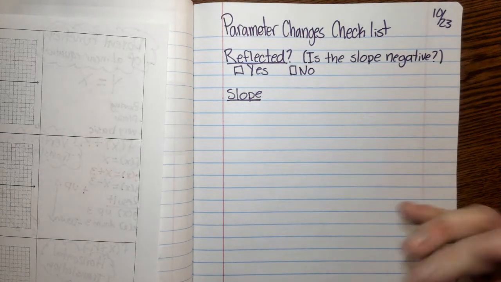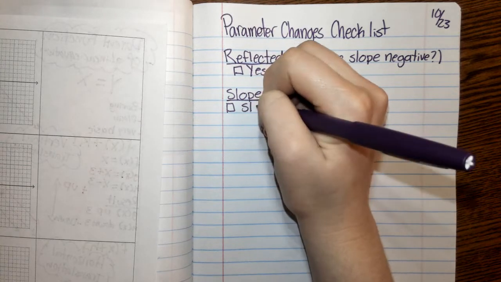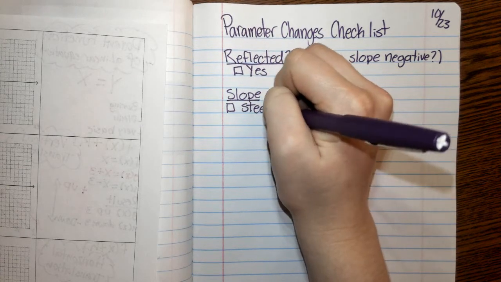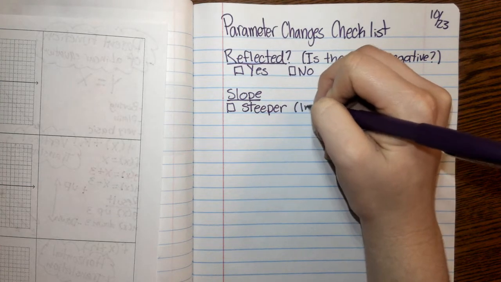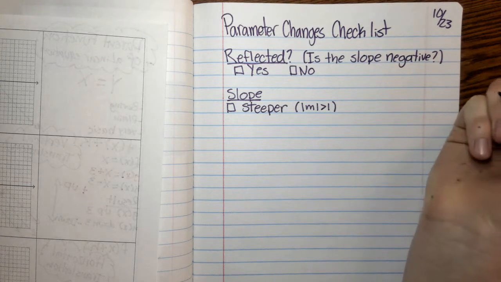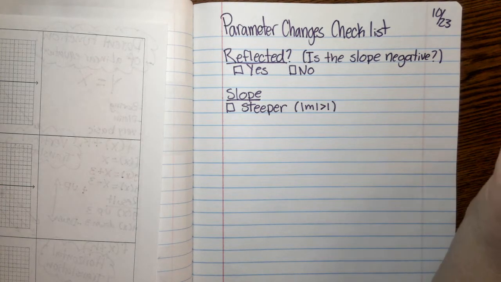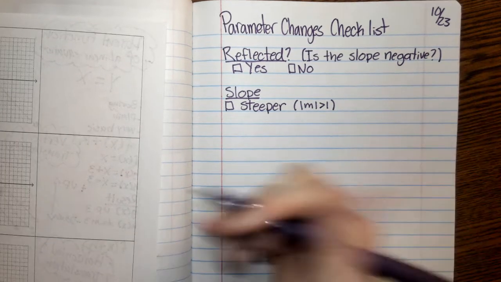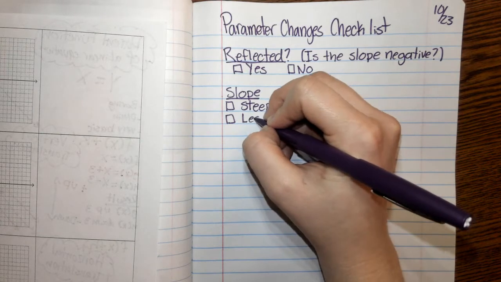Whenever we're looking at the slope, there's 3 options. It can become steeper, which means that the absolute value of the slope is greater than 1. Okay, it's a whole number. Well, I guess it could be 2.5. The point is that it's not a fraction. It could become less steep.